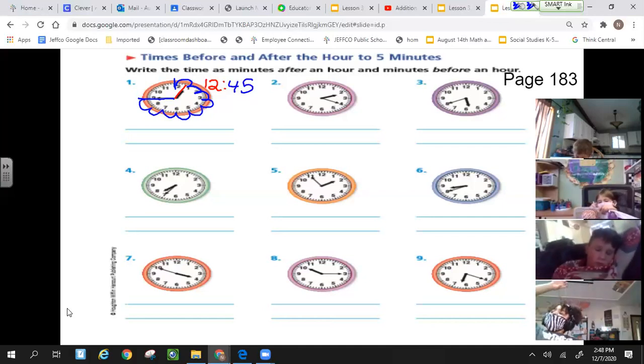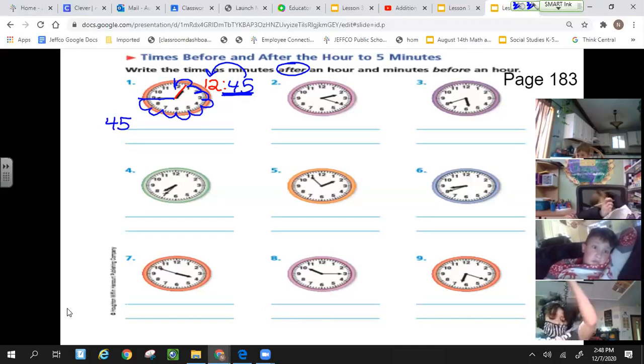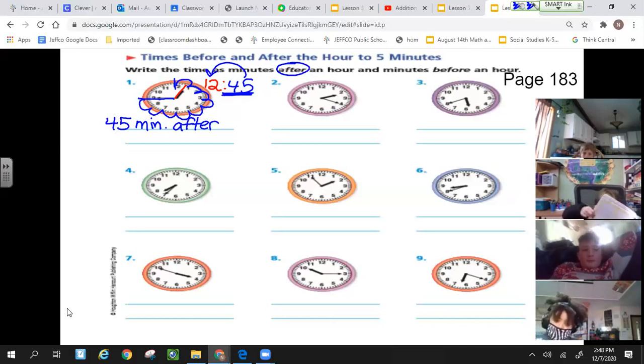Now, they said in the video I just watched that I can use the word after to write the time. So if I'm talking about minutes after the hour, then all I have to do is look at my digital time here, and I can say the minutes, 45, and I'm going to use an abbreviation, min. period for minutes, 45 minutes after, and then I'm going to look at the hour where my arrow is pointing.